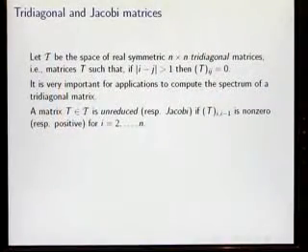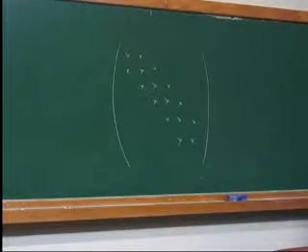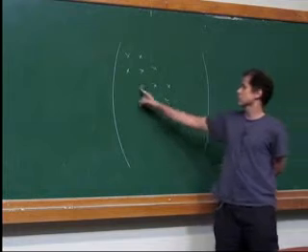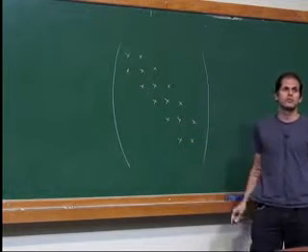Now, a matrix is unreduced if its off-diagonal entries are non-zero. Maybe let's make a drawing here of a matrix. So tridiagonal means it looks like that. Unreduced means these entries are non-zero.